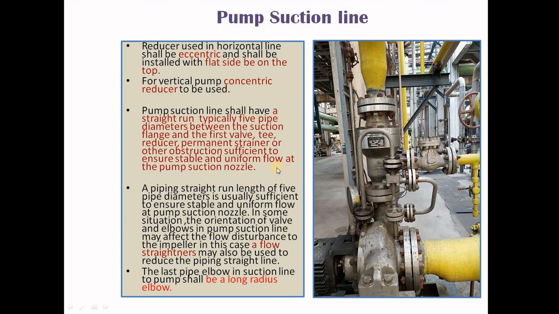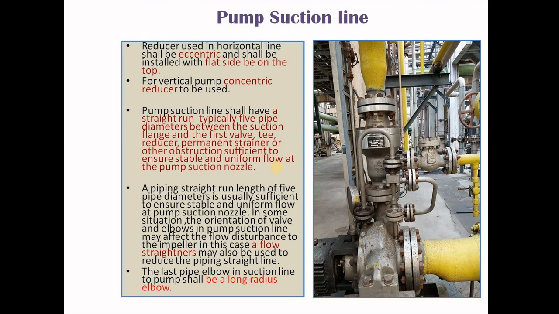Then normally we use a reducer in the pump suction line. Normally the pump suction line is bigger than the nozzle size, so we have to use a reducer, and when we use a reducer in the pump suction line, it should be an eccentric reducer with its straight portion on the top.